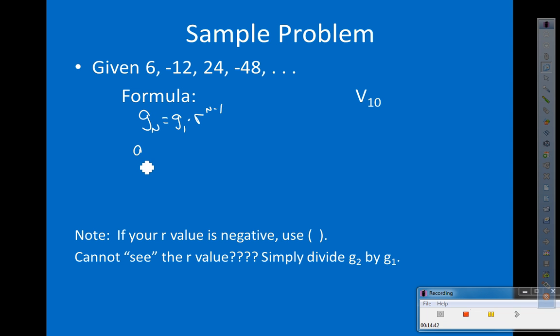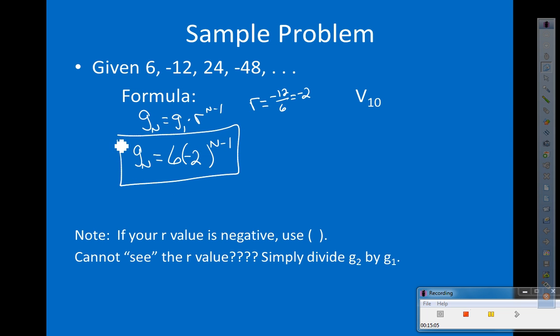My formula now looks like this. G sub n equals 6. I need my R value now. So R is equal to negative 12 over 6, which is negative 2. So that's my R value, to the n minus 1. Do not put a 10 in here yet. If you do, then you're finding a number and not a formula.